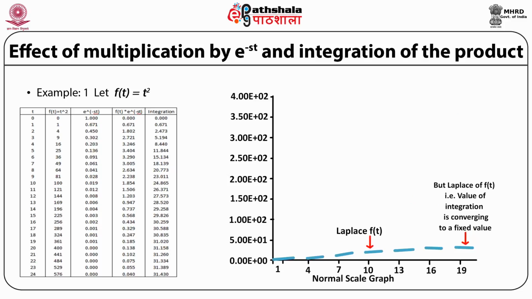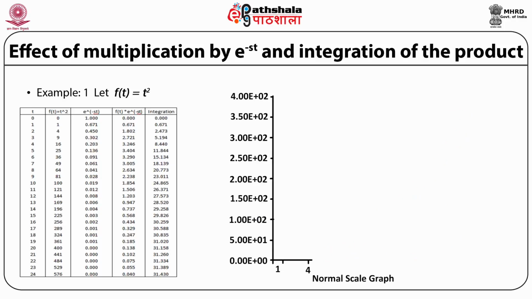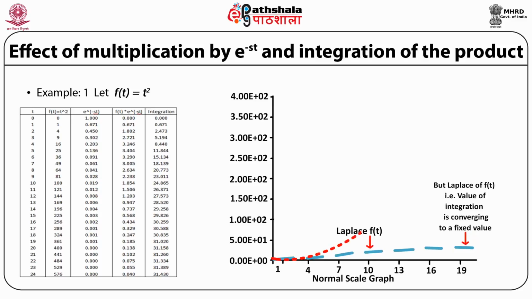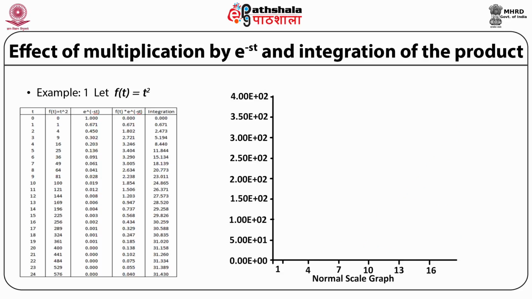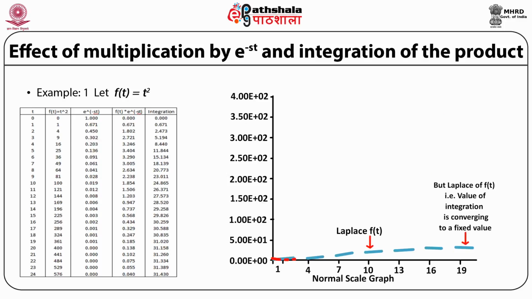We see the function f of t is increasing, which is given by the brown dots. It keeps on increasing, right? Now if you take the Laplace transform, which is the blue line, you can see it just increases slightly up to maybe the value 10 or 11 or maybe 12, and then it just keeps on going for a fixed value.